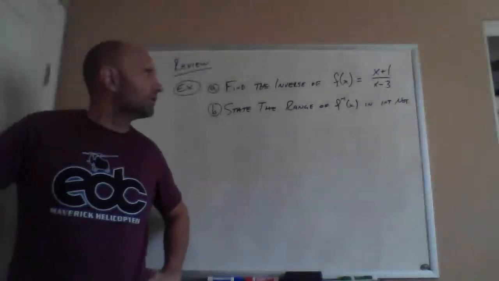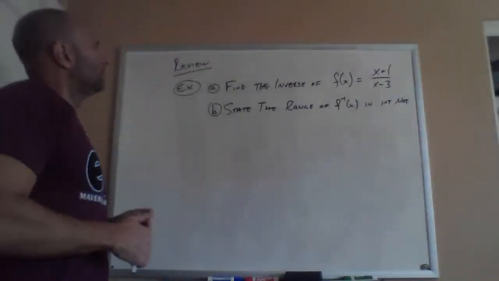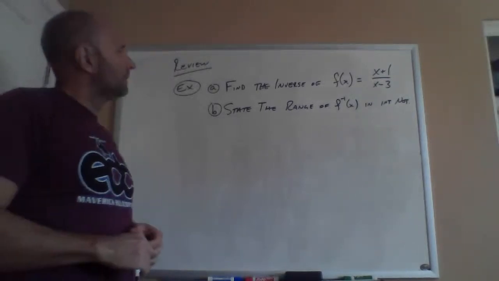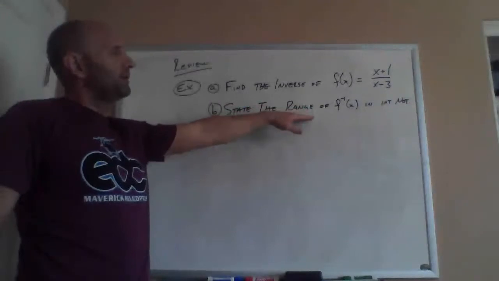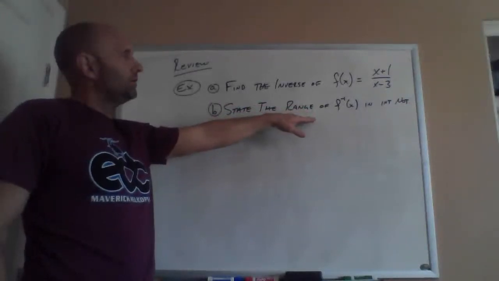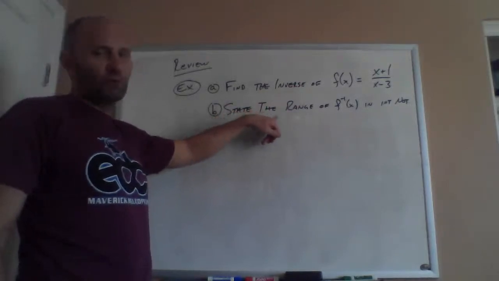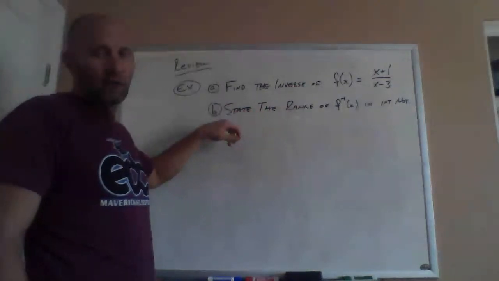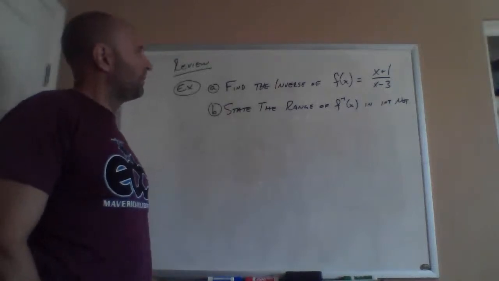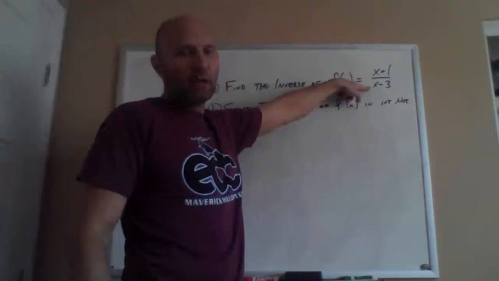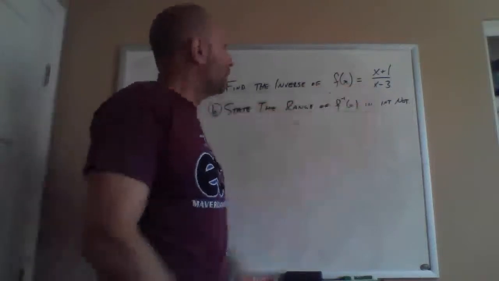All right, so I'm going to work this one. Let's do B to begin with. The range of F inverse is just the domain of F. So what is the domain of F? We have a denominator that can't be 0.